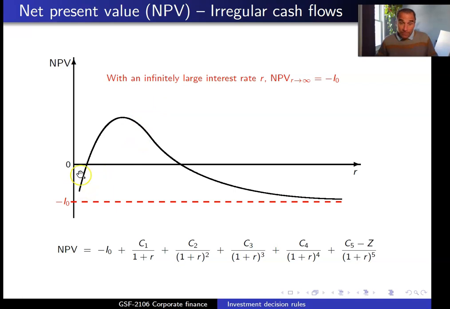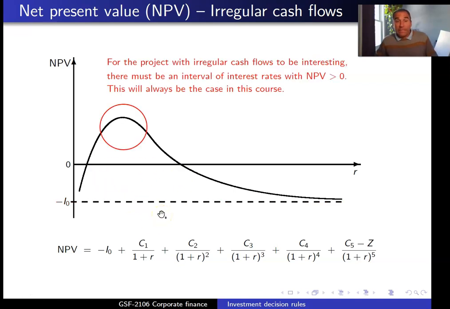So the graph of the NPV of a project with irregular cash flows will always have this shape here. What does this mean? First, we have negative NPV when the interest rate is small, and negative NPV when the interest rate is large. So there has to be a region, an interval of interest rates at which the net present value is positive.